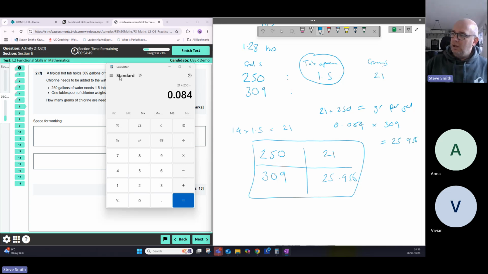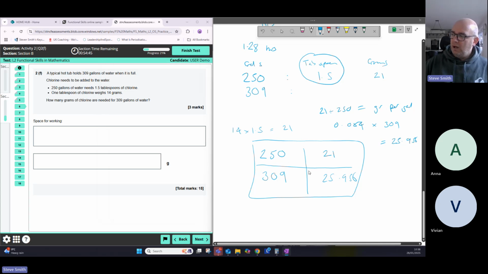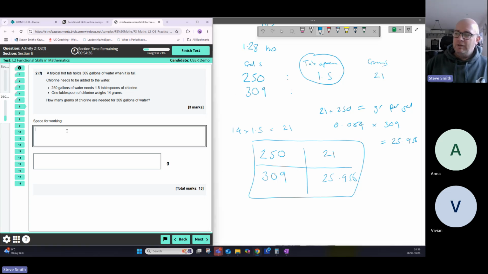So when we set it out in those 4 windows, we work our way round. They're the only 4 numbers we need. We don't need that tablespoon bit. If I was reading that question quickly, like I did right at the start, I'm putting 14 in there for some reason, and that's because I read it quickly.